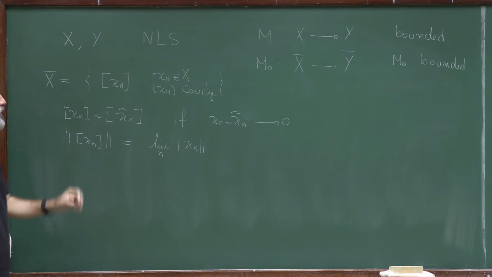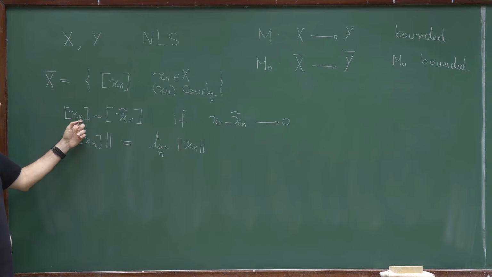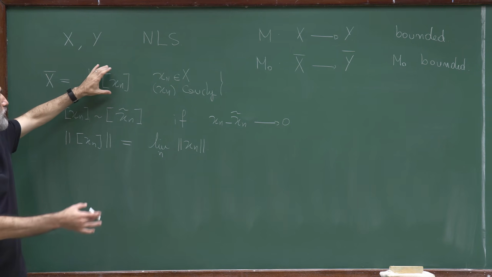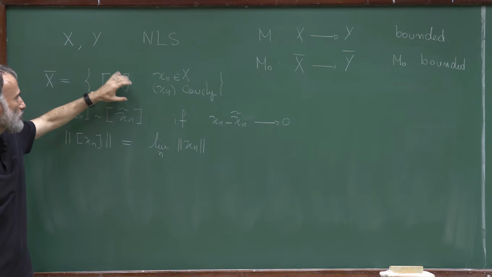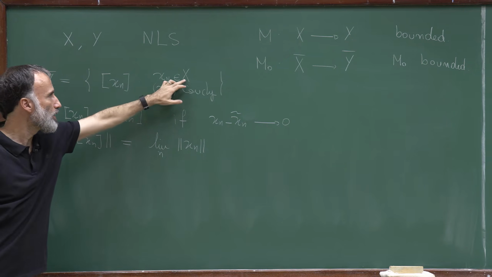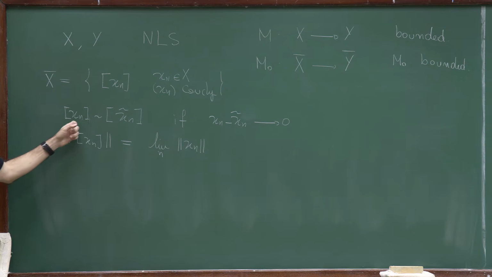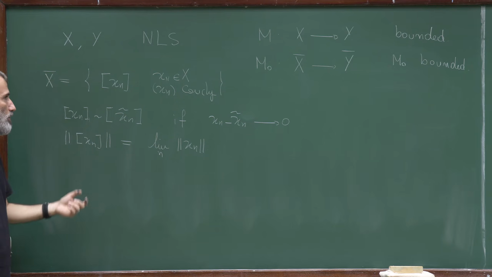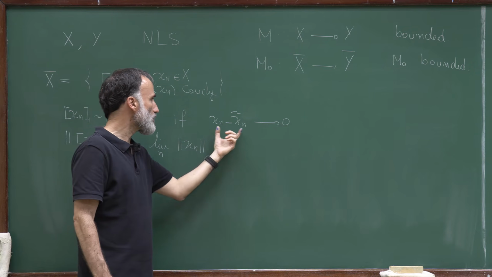So this is a Cauchy sequence. And I'll say that two Cauchy sequences, so once I have defined this new space, the space of all Cauchy sequences in X, I have to take an equivalence relation. So I'll say that two Cauchy sequences are equivalent if their difference converge to 0.